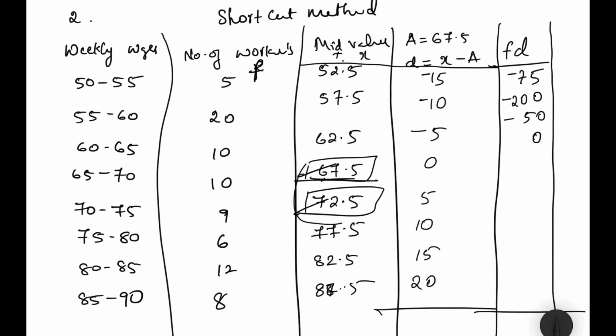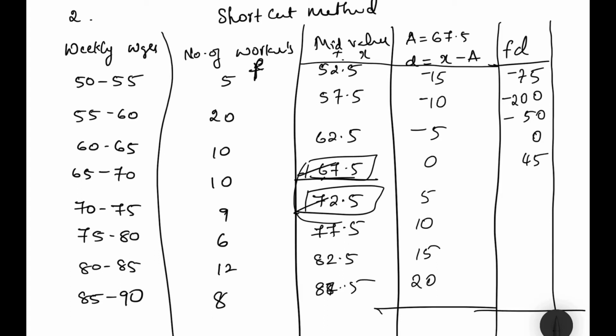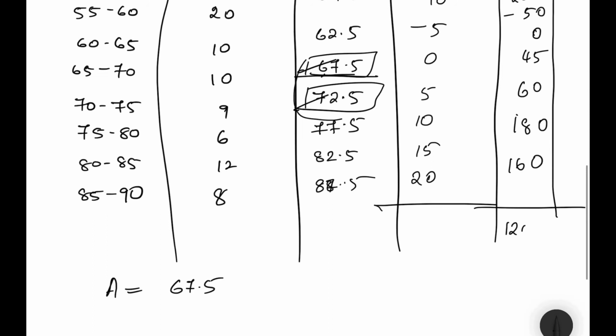Then again you have 9 5s are 45, 6 10s are 60, 15 into 12 is 180, last one you have 160. So let me add them. 160 plus 180 plus 60 plus 45 plus 0, minus 50 minus 200 minus 75 will give me 120.